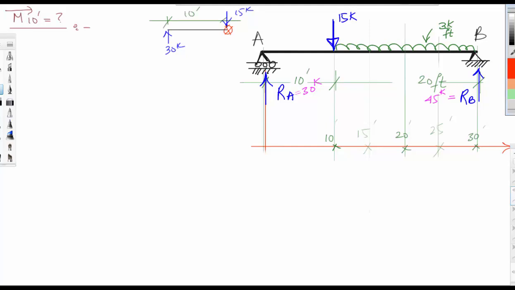So this will rotate in this direction. This doesn't rotate because it's passing through the point here. And this is negative, of course. So it will be minus 30 kip multiplied by 10 feet, and is equal to minus 300 kip dot foot. That's the first value.